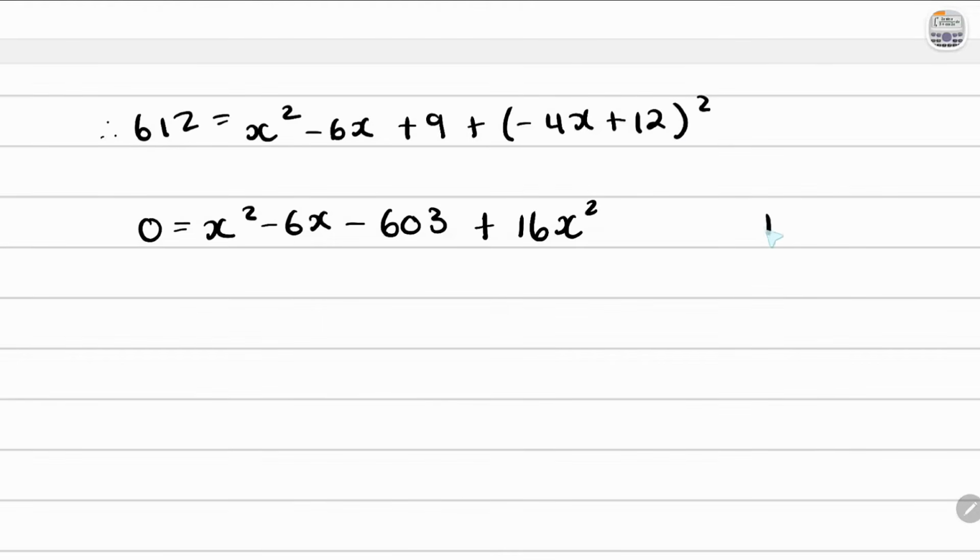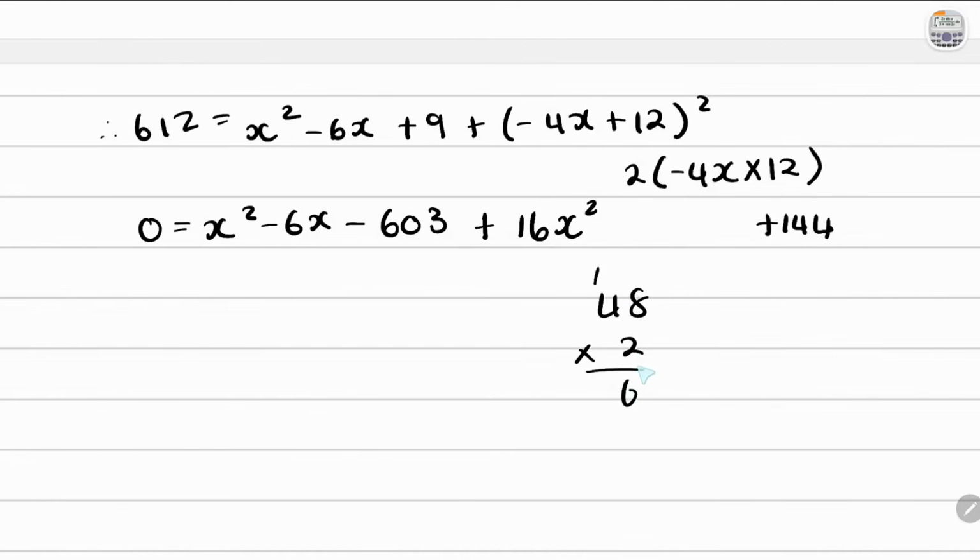Last term squared, positive 144. And then double the first times the second term. First times second term is -48, and 48 times 2 gives you 96. So that's going to be -96x. You can just make sure with a calculator.